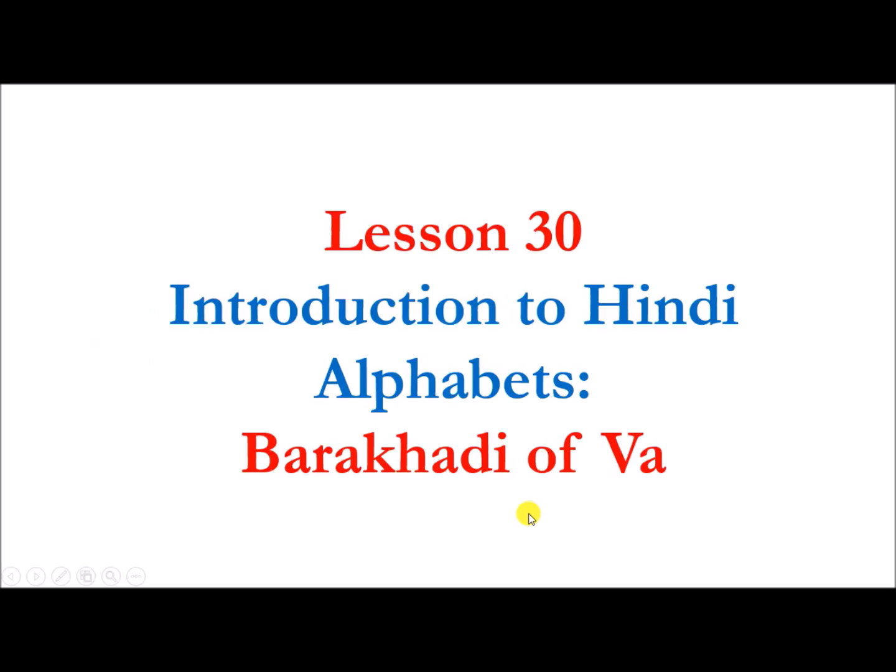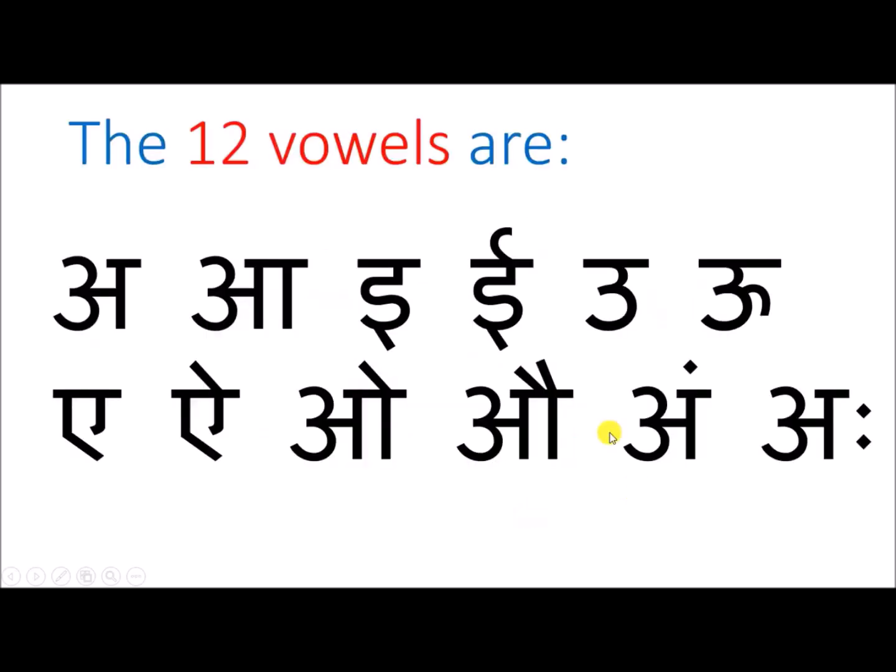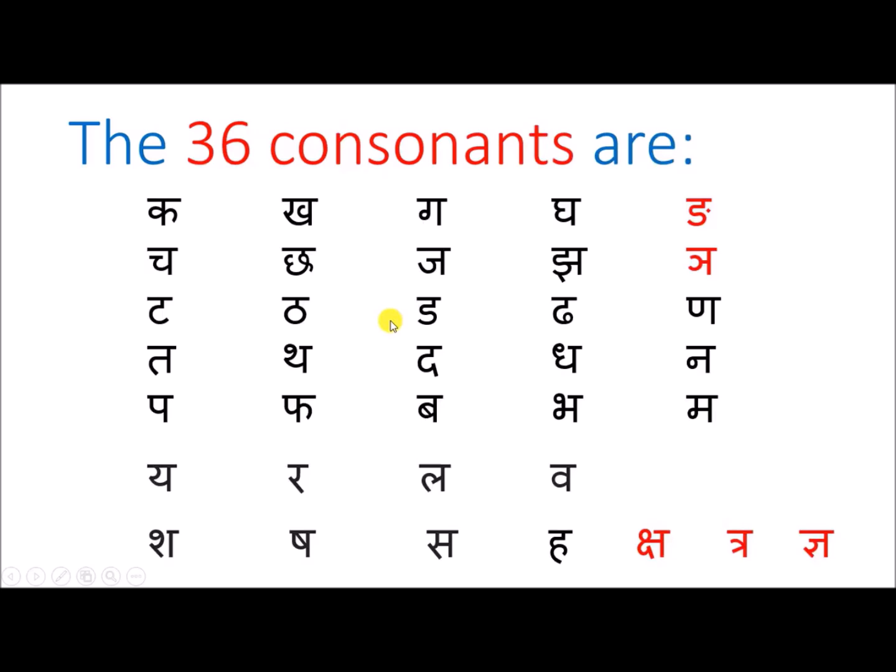Alright? We will learn about the Barakhadi of V. Now, we know about the 12 vowels of Hindi: A, I, U, E, I, O, Au, and Aha. And we know about the 36 consonants too.